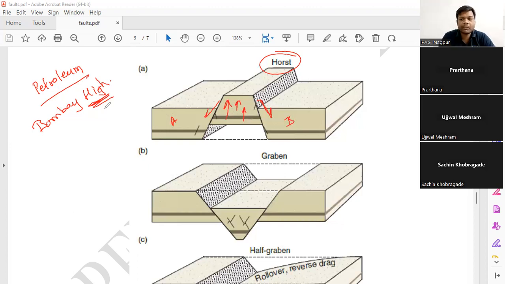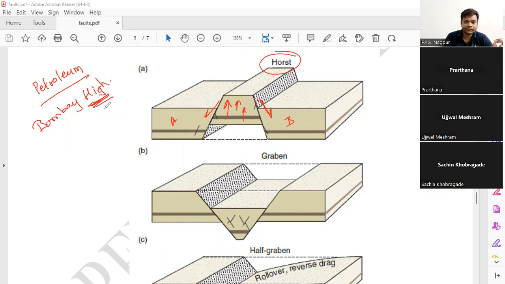Because the Bombay High oil field lies within the horst. There are many structures basically. There is a doubly plunging anticline in this Bombay High area that spreads over the entire coast from Surat to Ratnagiri, and that entire coast hosts the petroleum.